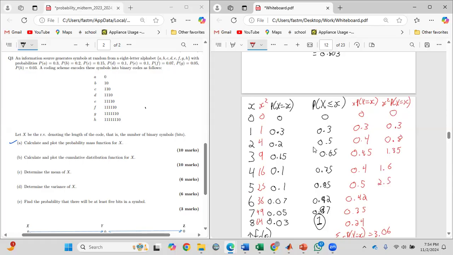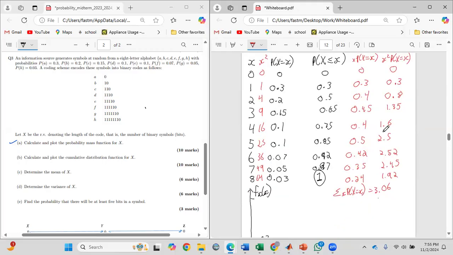I'll follow this carefully. 36 by 0.07, so we'll get 2.52. Then 49 by 0.05, 2.45, and then the last one, 64 by 0.03, and you get 1.92.